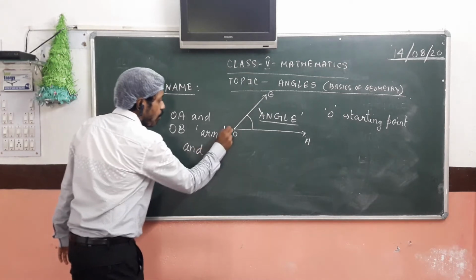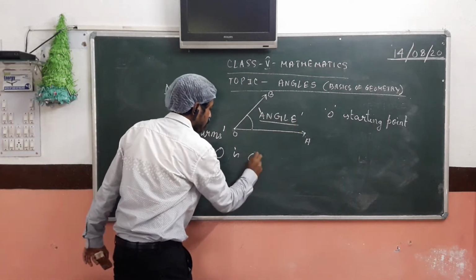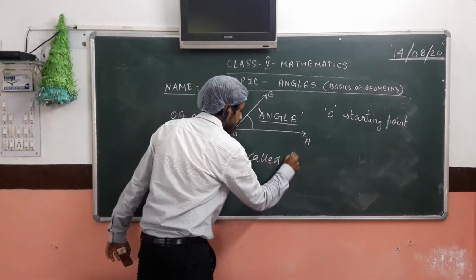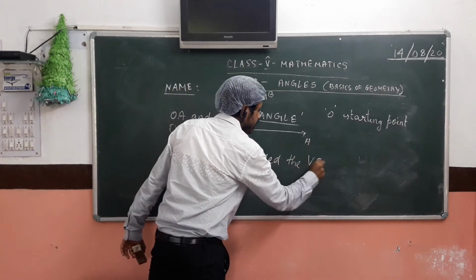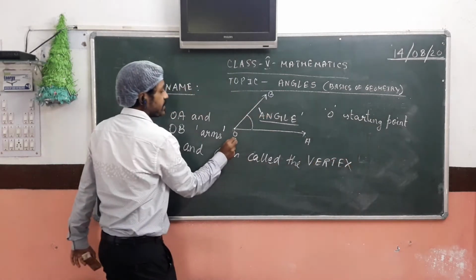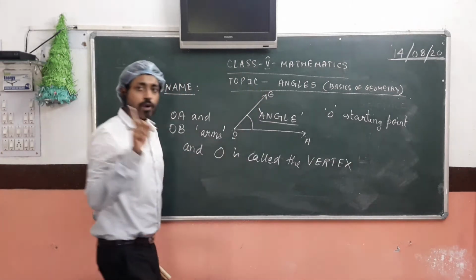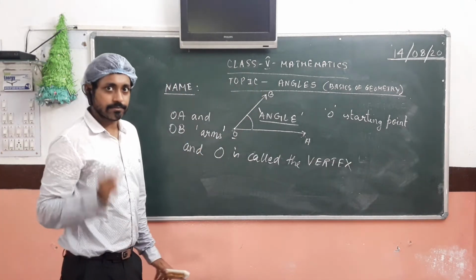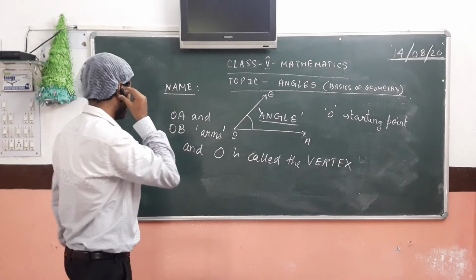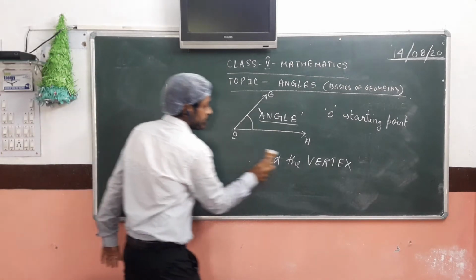And O, which is the starting point, is called the vertex of the angle. So O is the vertex of the angle and OA and OB are the two arms of the angle. Understood?